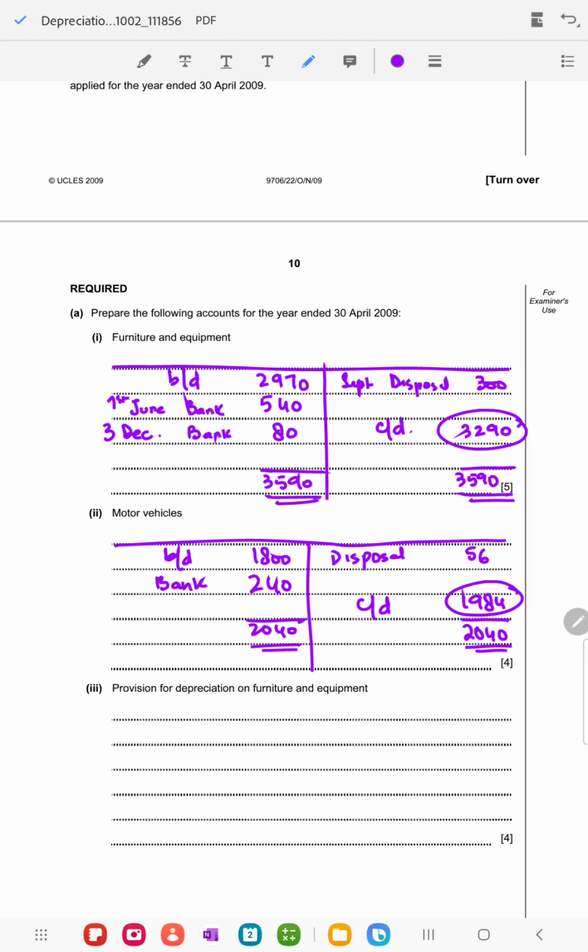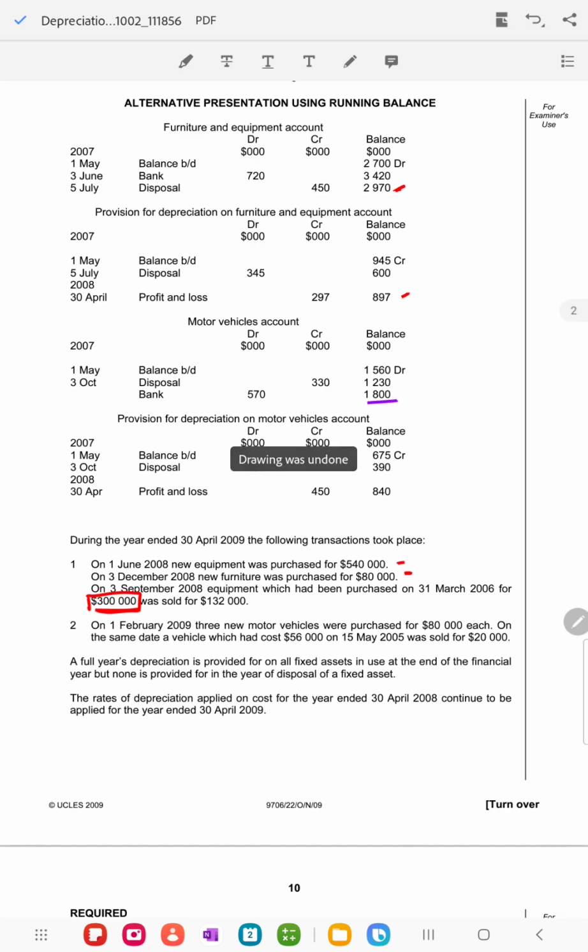But the problem here is that we don't have a depreciation percentage. We need to calculate it, and it says that the rate of depreciation applied on the cost for the year April 2008 continues to be applied for 2009.